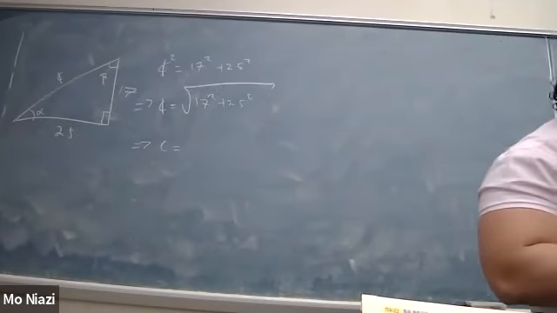But what about alpha and beta? Can you use the same method as last time? For example, find the sine of beta. Sine of beta is equal to 25 over 30.23.